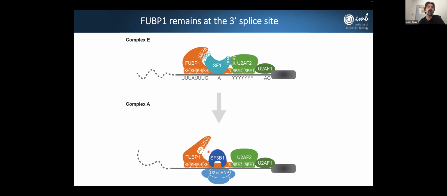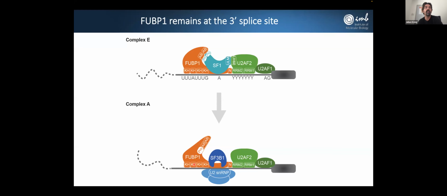What we know from analysis of the FUBP1 CLIP data is that FUBP1, other than SF1, is still present at later stages of splicing, likely at least until the formation of the lariat, so the first catalytic reaction of the splicing complex. And we wondered what FUBP1 could maybe do during these later stages of splicing.